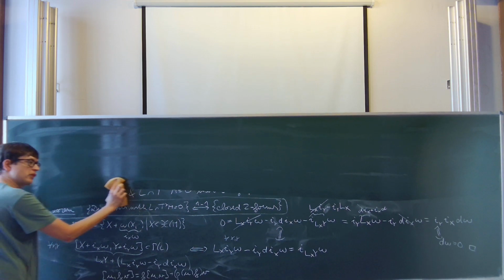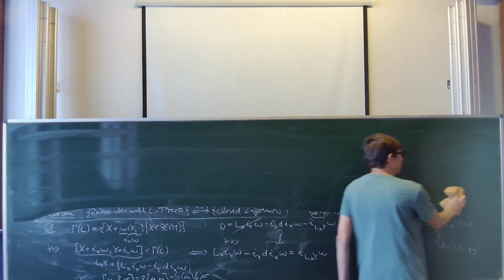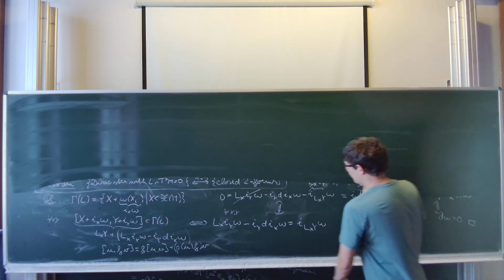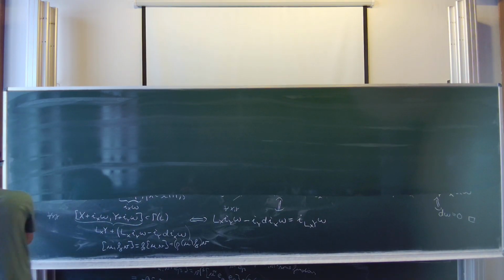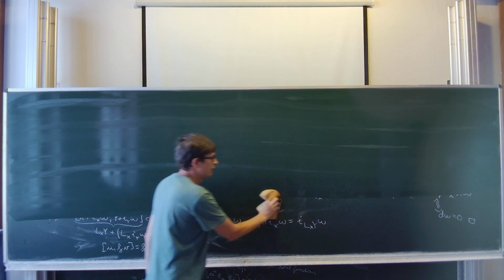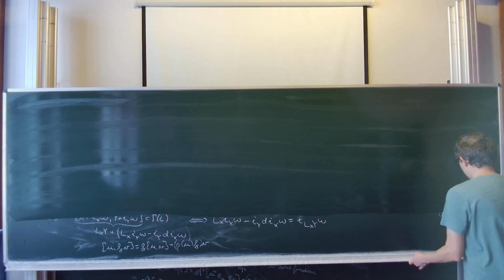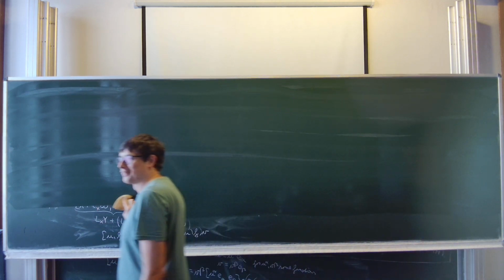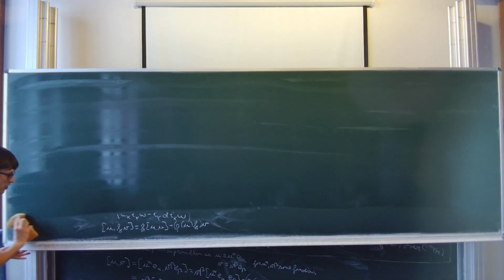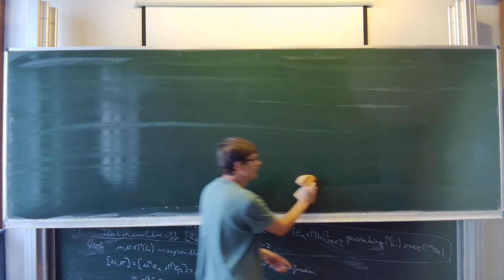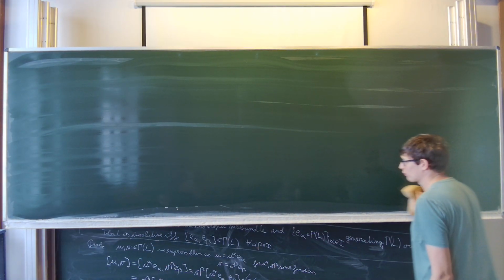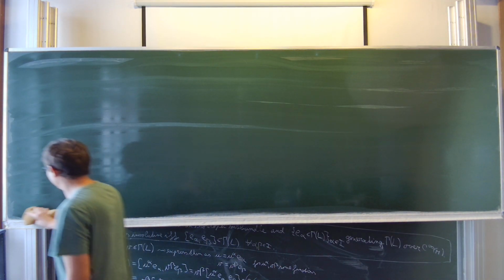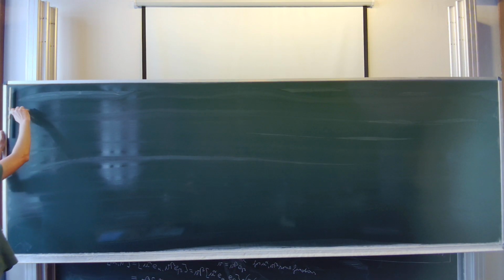Now we will need to prove something for all pairs of one forms. Sometimes it's hard to work with one forms, so I want to work with some generating set of one forms, one forms of some special kind, which are easy to work with. Funny one forms.